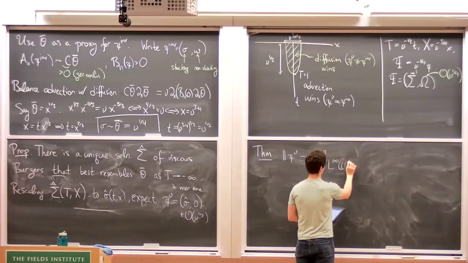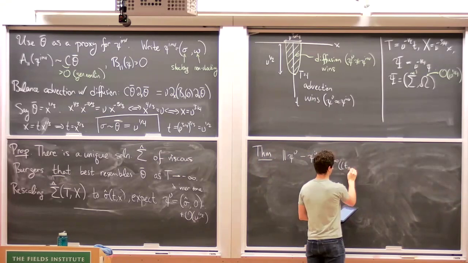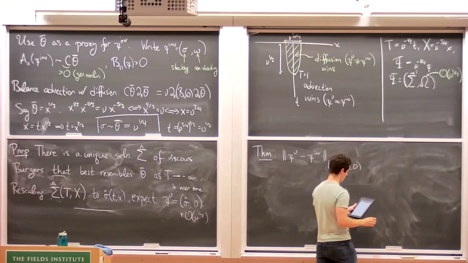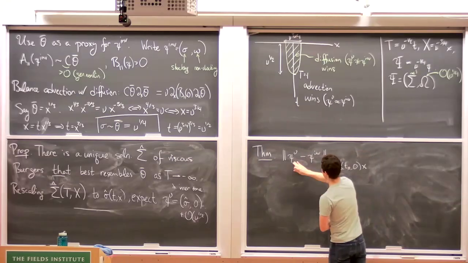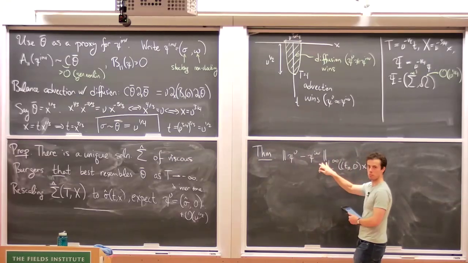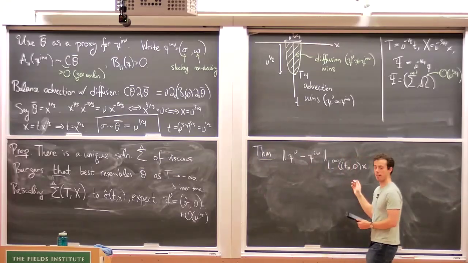So I want a pointwise description of my problem. So let me start off by recording an estimate for the error in approximating the viscous problem by the inviscid problem. So this is the vanishing viscosity rate measured in L infinity.